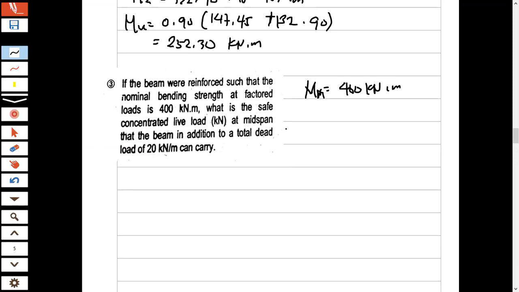The beam were reinforced such that the nominal bending strength at factored loads is 400 kilonewton meter. What is the safe concentrated live load at midspan that the beam can carry in addition to a total load of 20 kilonewton meter?